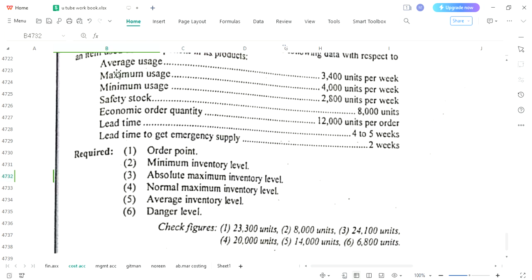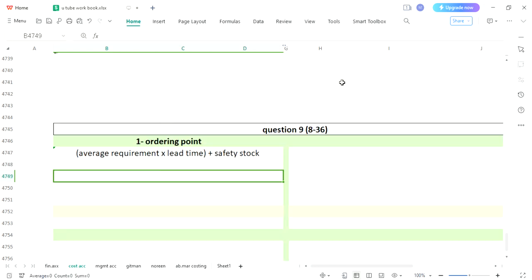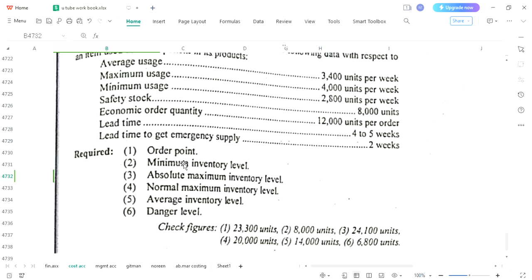Over here you can see average usage is given as 3400 per week. So 3400 per week is your average requirement. Please follow this formula. We need to multiply it with lead time. Go back to the question and see how much time has been given.